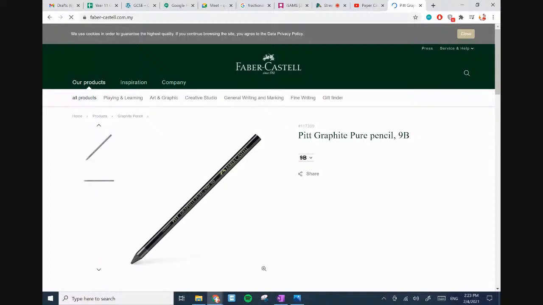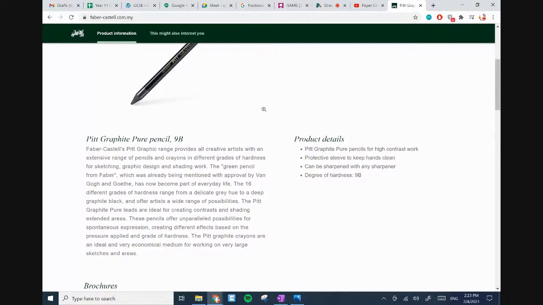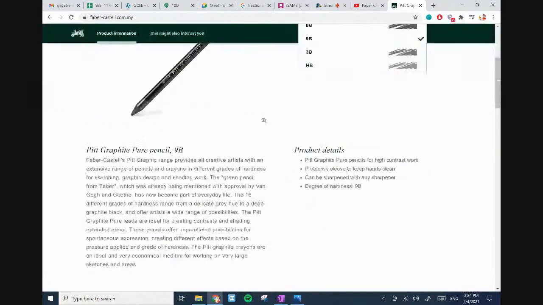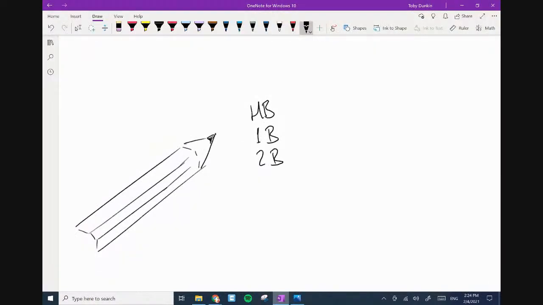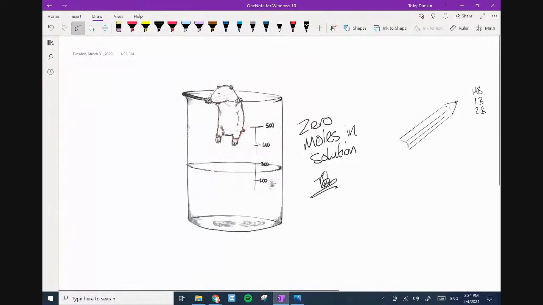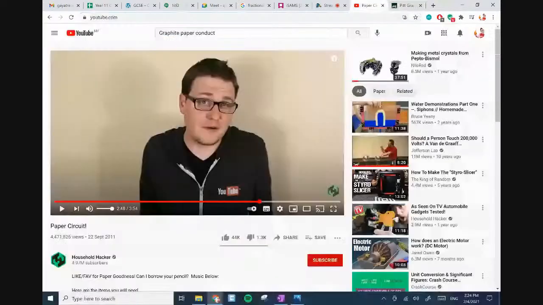If 9B is the softest, I'm assuming 9B is going to be pure graphite. There are 16 different grades of hardness. You'd want to do it with that, because otherwise you're adding clay to your page and it won't conduct electricity, because the layers are going to be separated by the clay particles. I've played around with doing that demonstration and practical with the kids in class, but I have to have certain grades of pencils.